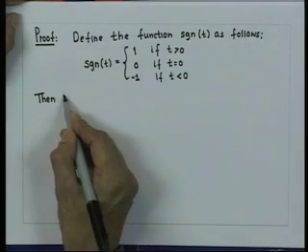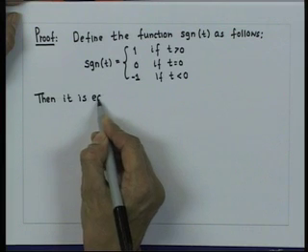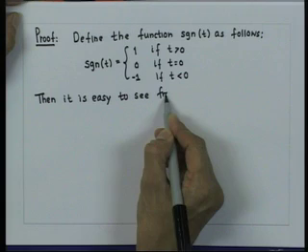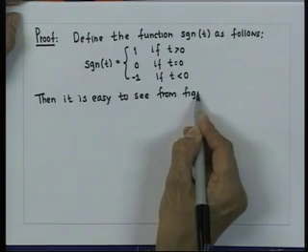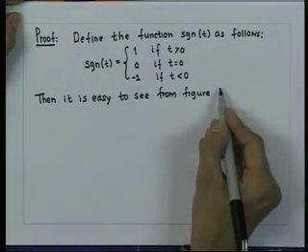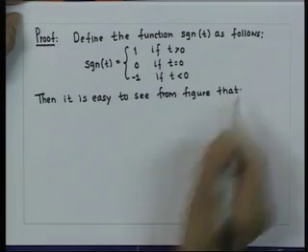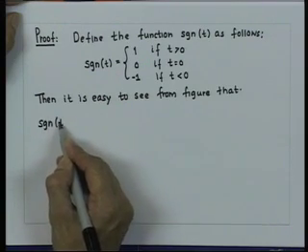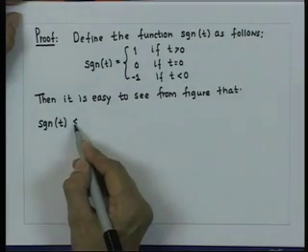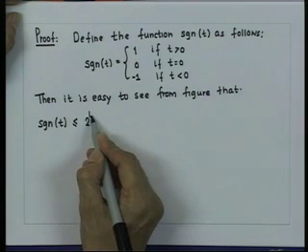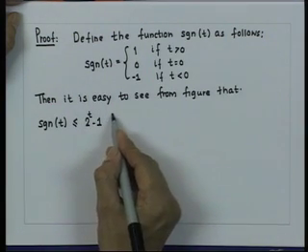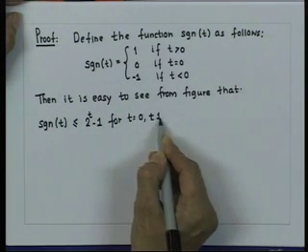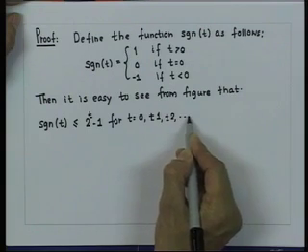Based on this definition, it is easy to see from the following figure that signum t will always be less than or equal to 2 raised to t minus 1 for t equal to 0, plus minus 1, plus minus 2.